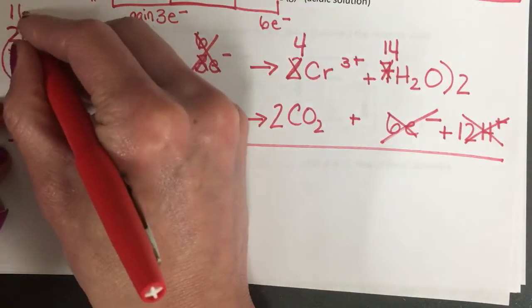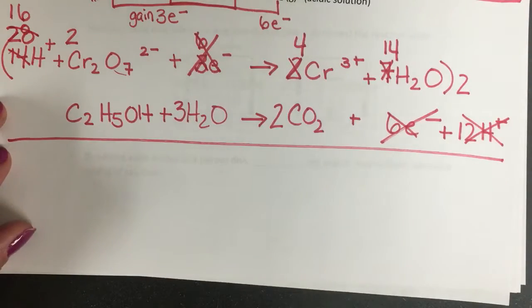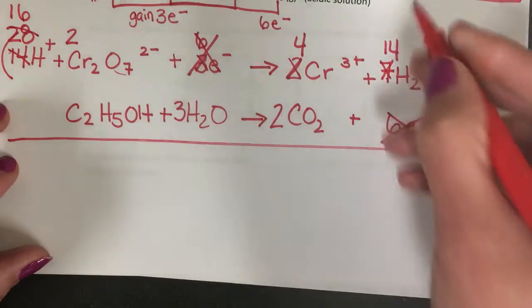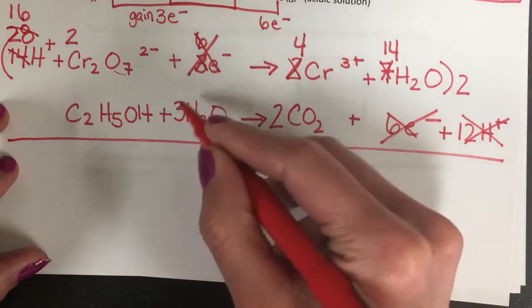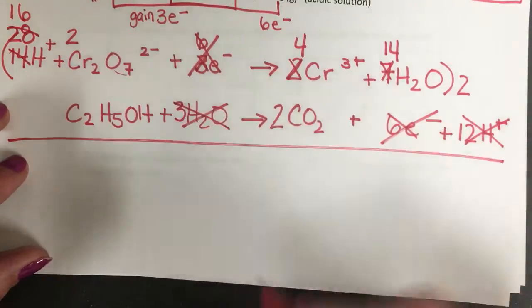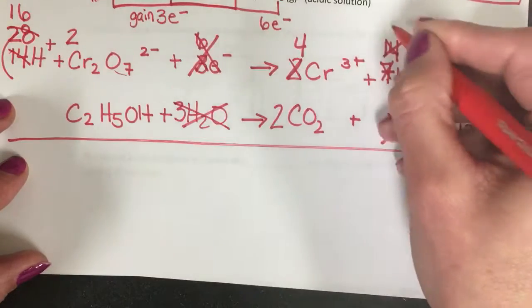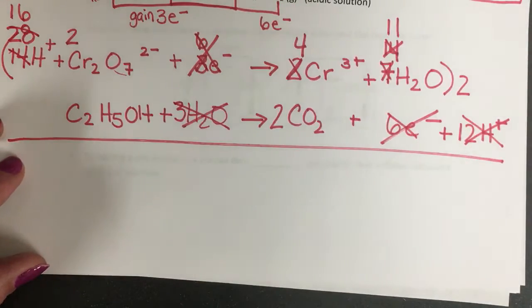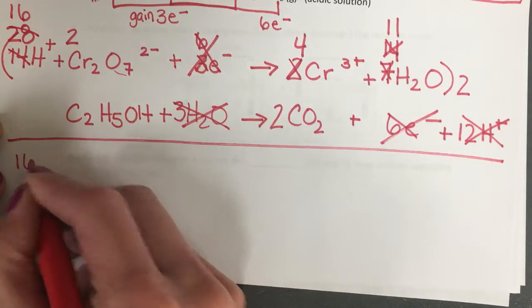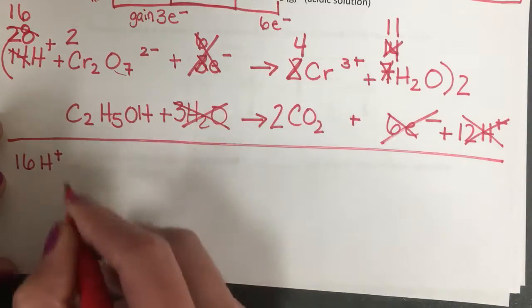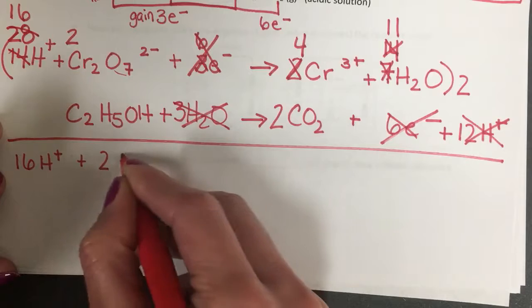I'll have 16 left. I have 14 waters here, only 3 here. All 3 of those go away. I'm left with 11.